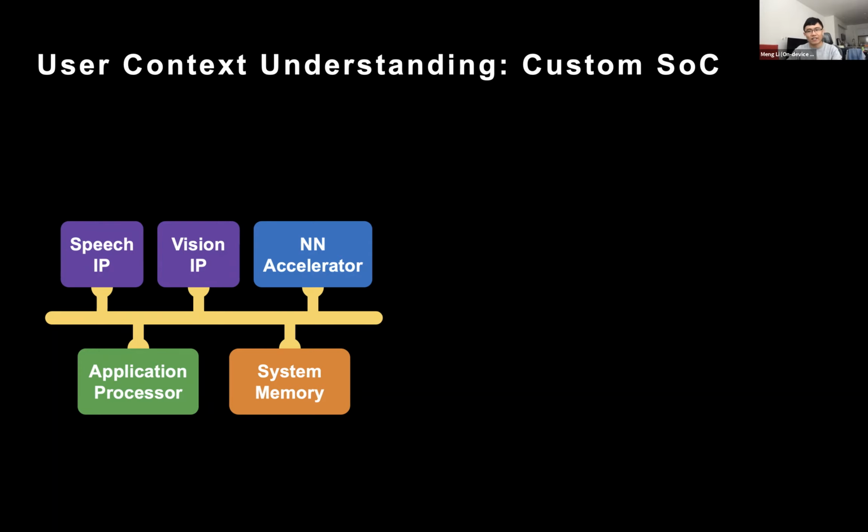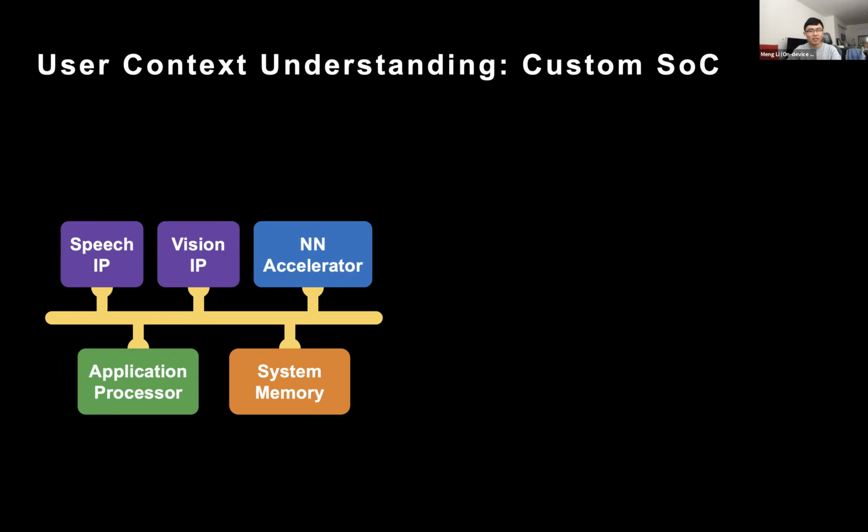Nowadays, for mobile SoC, neural network accelerators are widely available, and usually integrated in the SoC as shown here. Usually you have a monolithic accelerator hooked to the system NoC, with different IPs, including speech and vision IPs, system memory, and application processors, all connected to the same NoC and invoking the accelerator whenever it is needed.